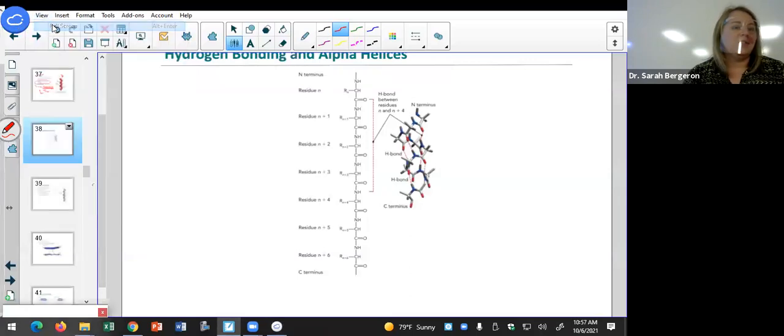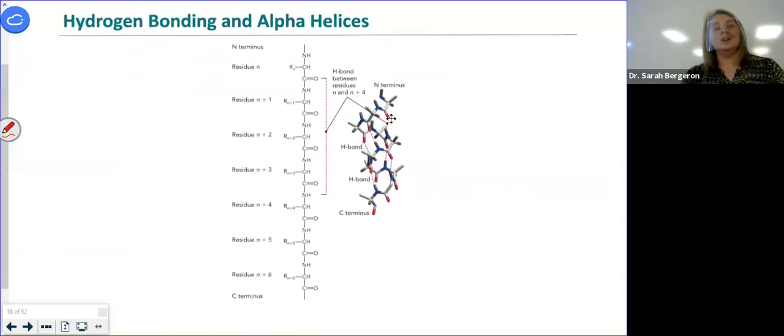And view full screen. Okay, so these residues right here, if you start here, this is the N-terminus. All these atoms here are part of the ribbon backbone, the NCC. When you see the little black parts, that's actually the R groups.